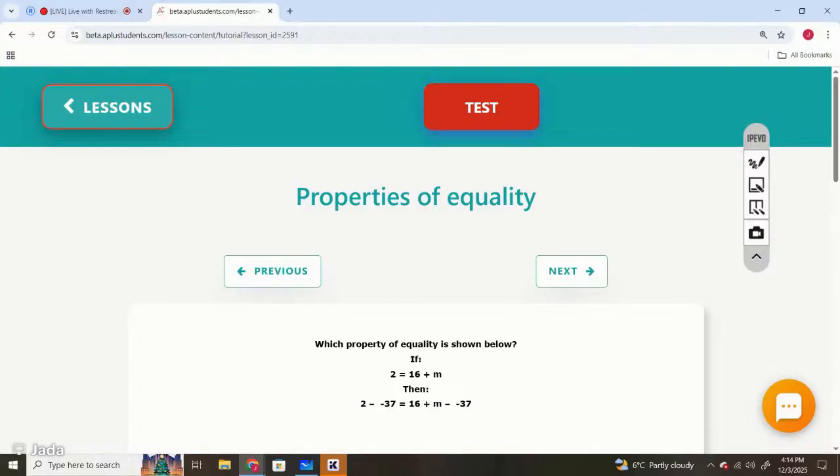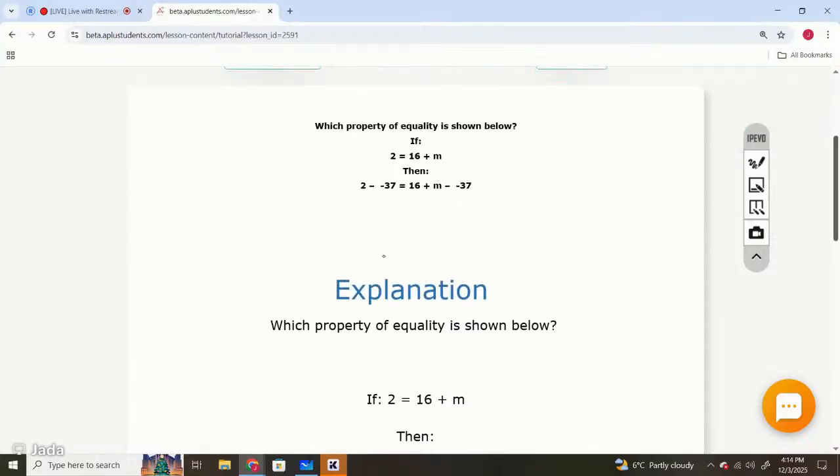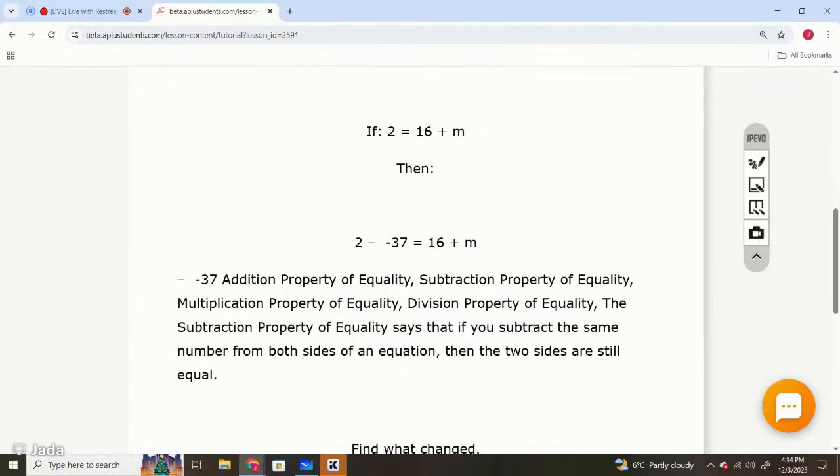Which property of equality is shown? If 2 is equal to 16 plus m, then 2 minus negative 37 is equal to 16 plus m minus negative 37. So we need to learn which property it is.